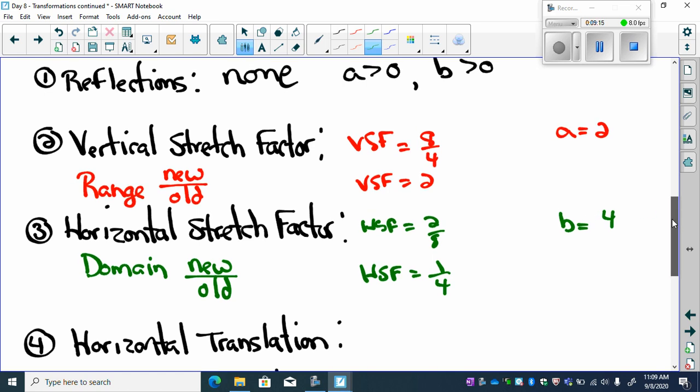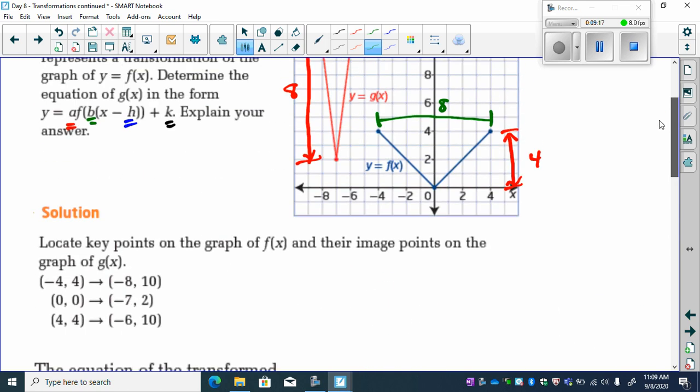Okay. Now, on to translations. Clearly you can see that in order to get the red curve, the blue curve had to go to the left and up. So I'm translating left and up. I want to use this point right here, 0, 0. I don't have to use it, but I would suggest using that point.